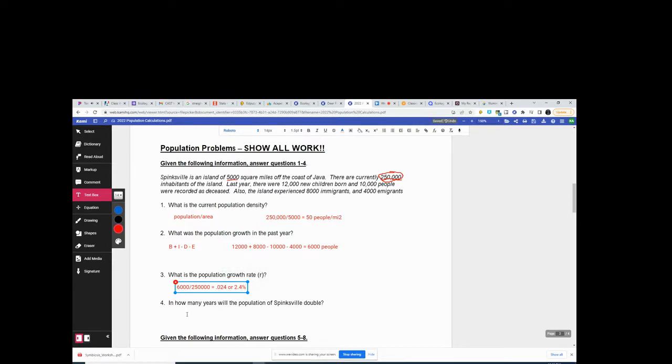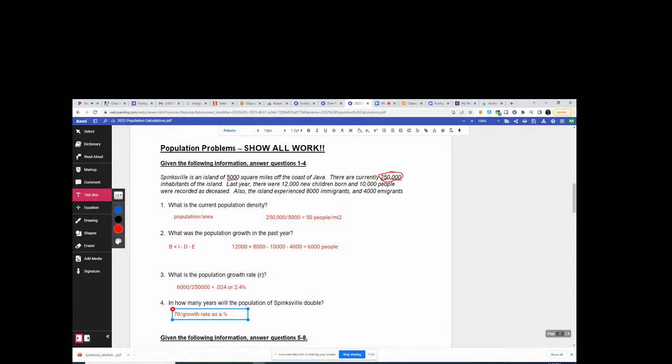And how many years will it take the population of Spinksville to double? All right, so the formula for that is the number 70 divided by the growth rate as a percent. All right, so we got the growth rate as a percent.